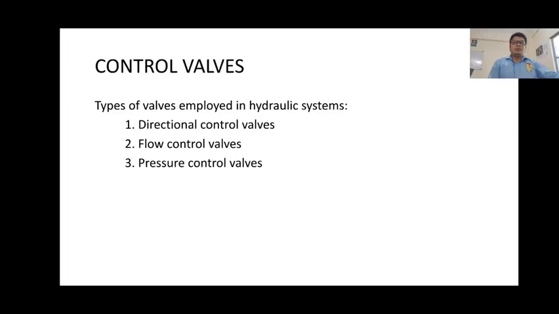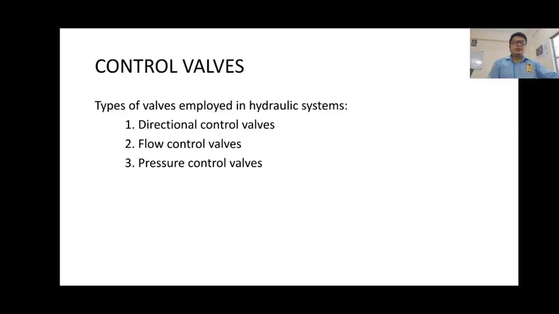So there are basically three types of control valves employed in a hydraulic system. First one is the directional control valve, second flow control valve, and third one pressure control valve. These control valves contain ports that are external openings for the fluid to enter and leave. The number of ports is usually identified by the term way.